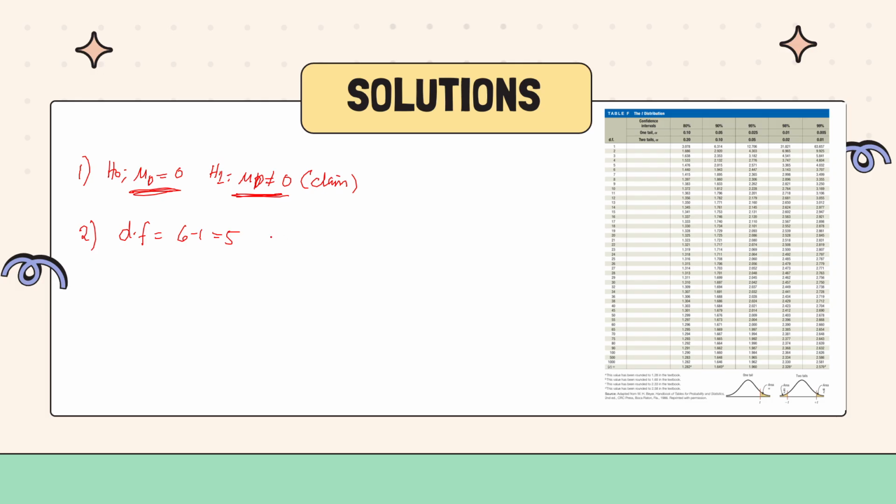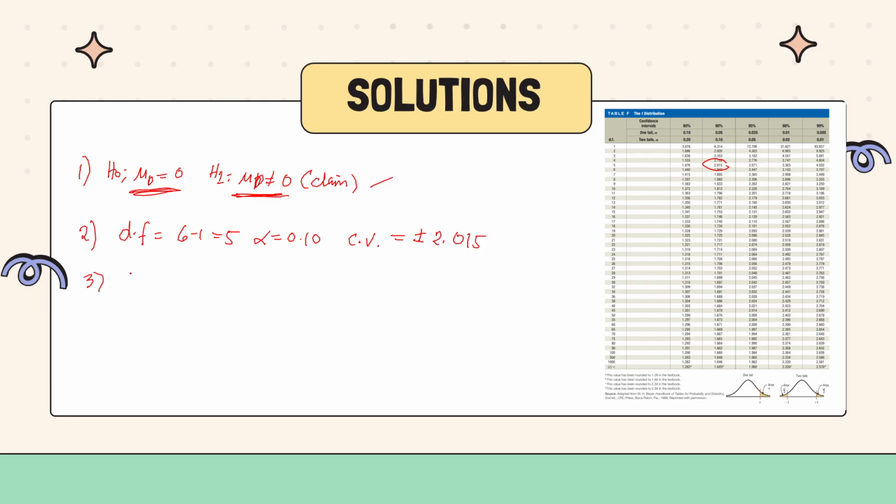Then at alpha 0.10, since this is a two-tailed test, we look at two-tailed 0.10 and n minus 1 is 5, that is 2.015. So our critical value, since this is a two-tailed test, is positive and negative 2.015.